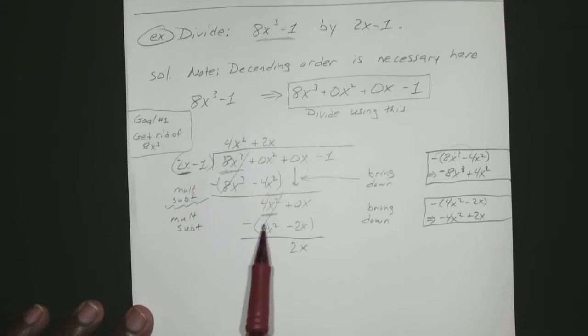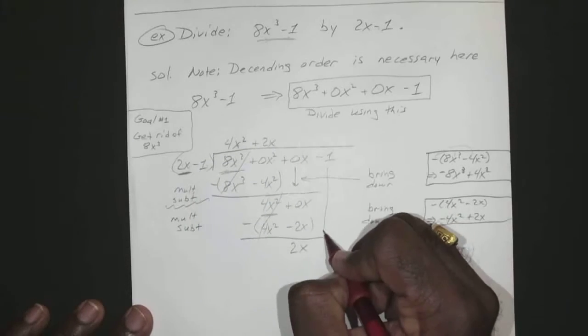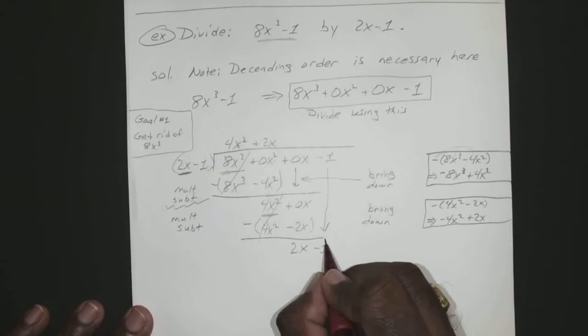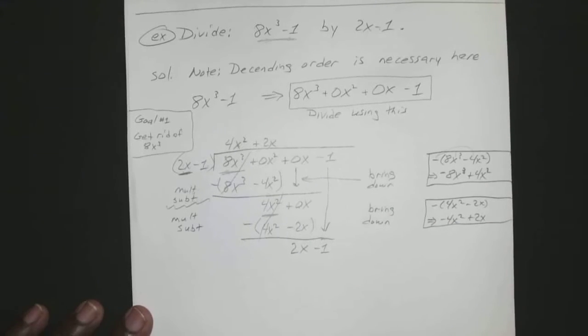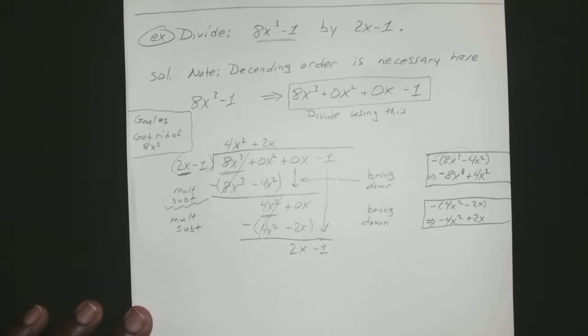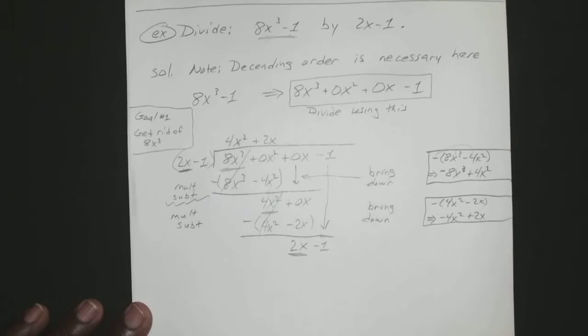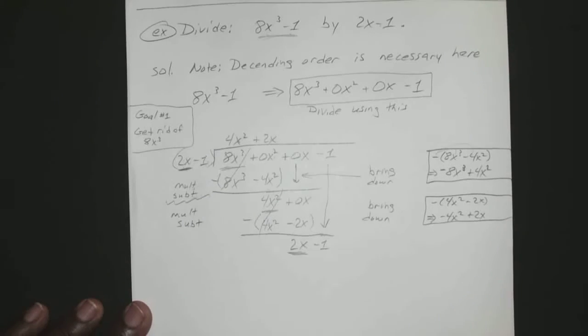So we multiply, we subtract, now we bring down. Okay, and that's the last one, so we don't have to bring down anymore. Okay, so now we want to get rid of that 2x. Okay, so 2x times what will give us 2x? 1. So we just put positive 1 right up there.